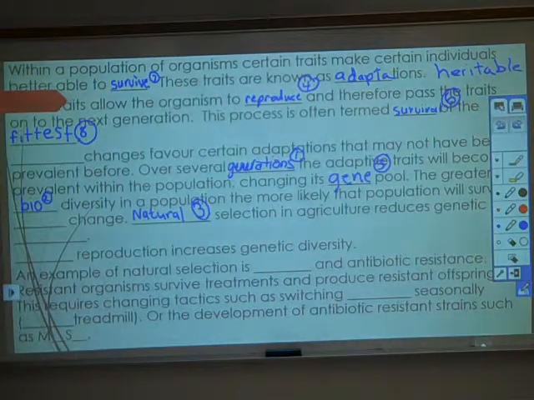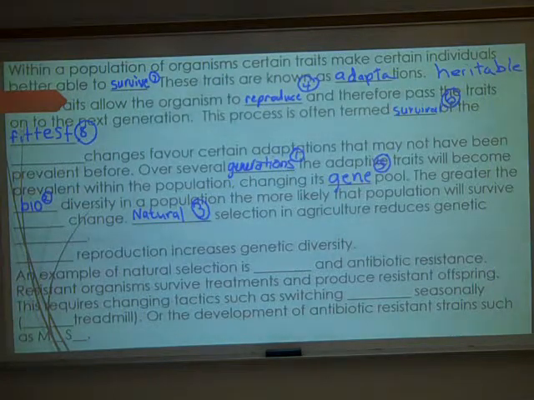What does that mean? Heritable means they have to be able to be inherited from one generation to another. Therefore, they must be genetic. They must be in the genes of that organism. Otherwise, natural selection does not work. Natural selection happens from generation to generation, not within the lifetime of an organism.